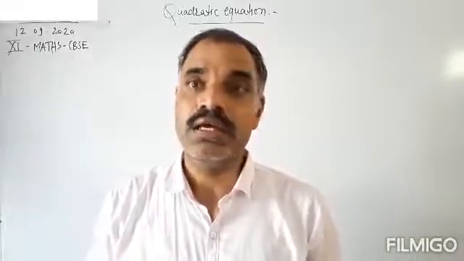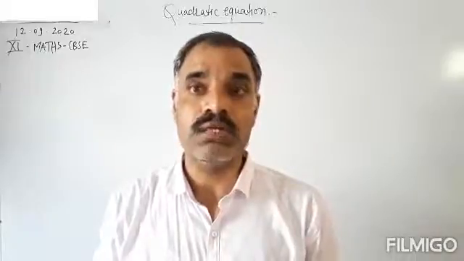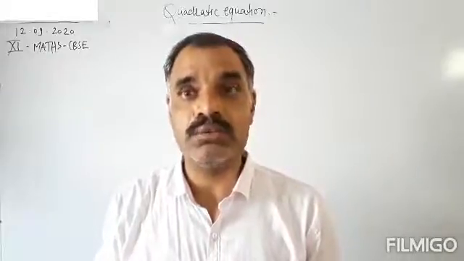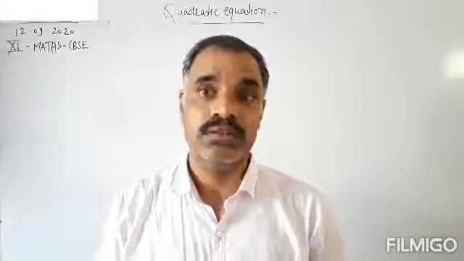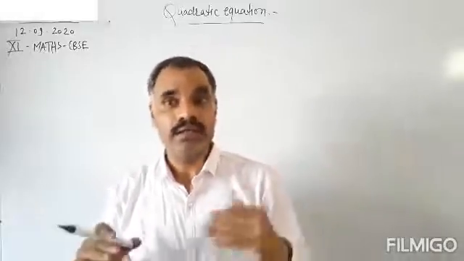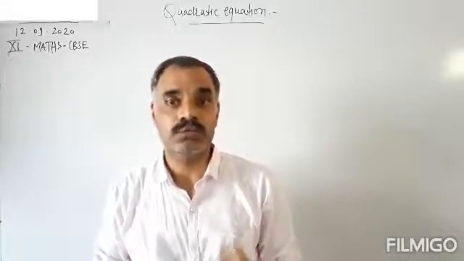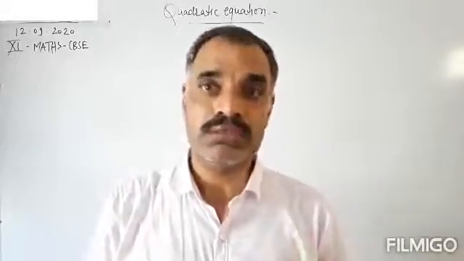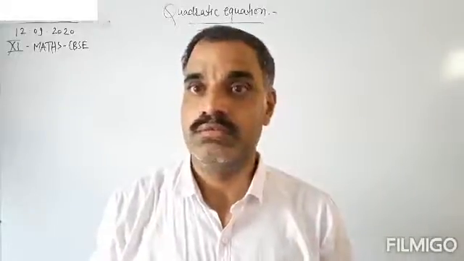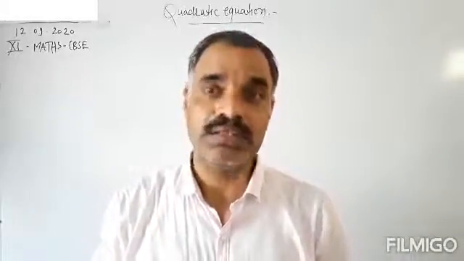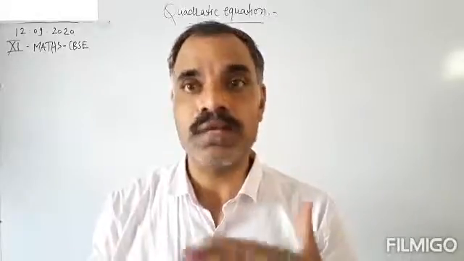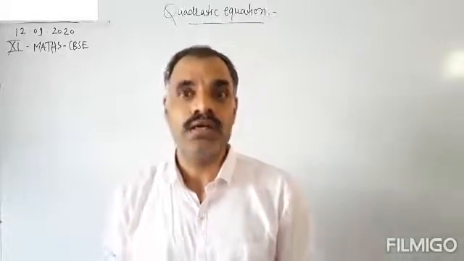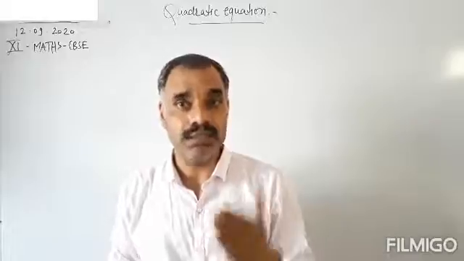If D is equal to 0, then the roots of the quadratic equation are real and equal. And if D is less than 0, then the roots of the quadratic equation are imaginary roots. Imaginary roots means complex roots. Here we will consider the third case.